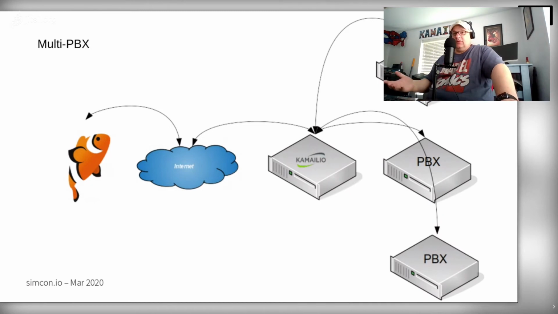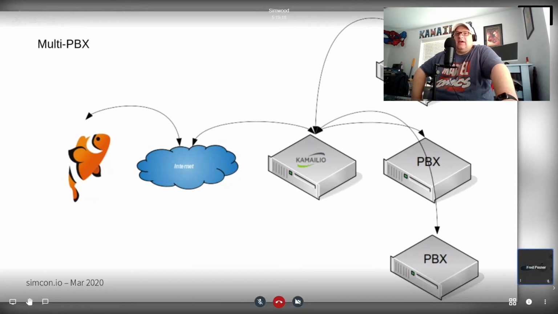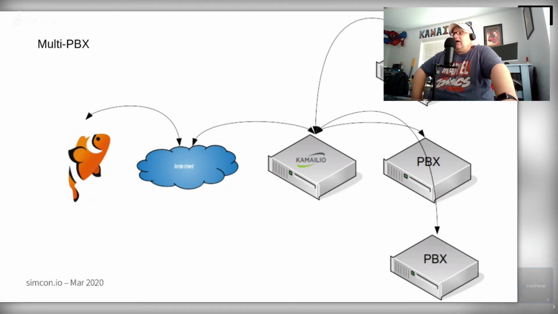As your use case grows, you might start having multiple PBXs. And so in this case, whether it's, hey, I have a client that's really big and I want to put them on their own dedicated PBX, or I need some sort of failover, so I'm having multiple PBXs, or I'm split, for example, by function.